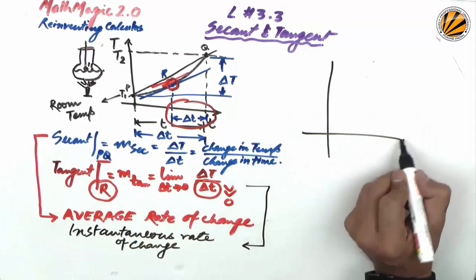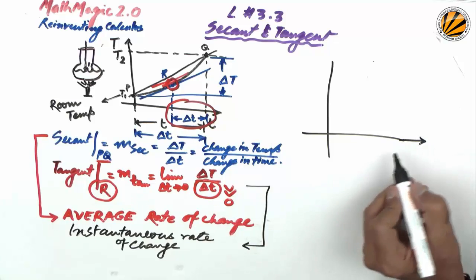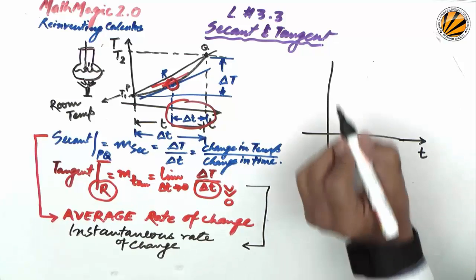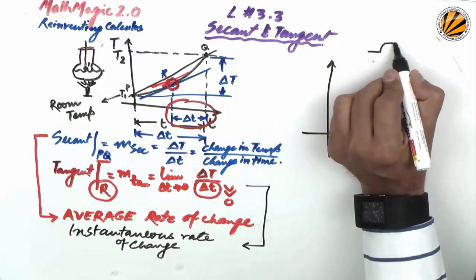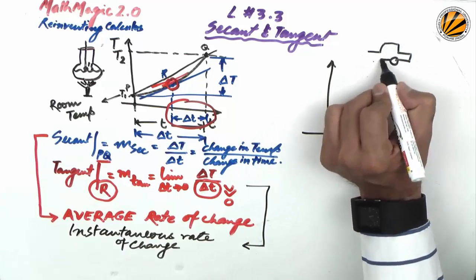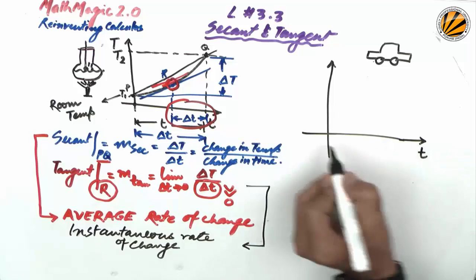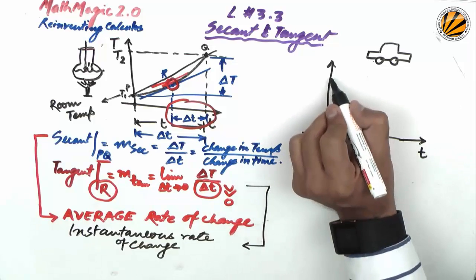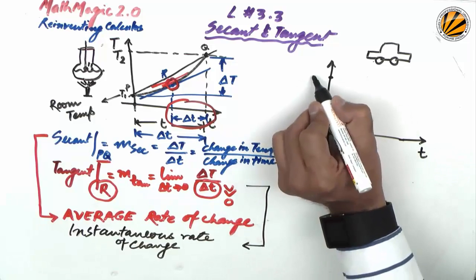Now what is the basic difference between secant and tangent? Let me draw something like this over here. Say this is the time t, and, as I have drawn earlier also, you are driving a car. This is your start point, and this is the distance which you have traveled.